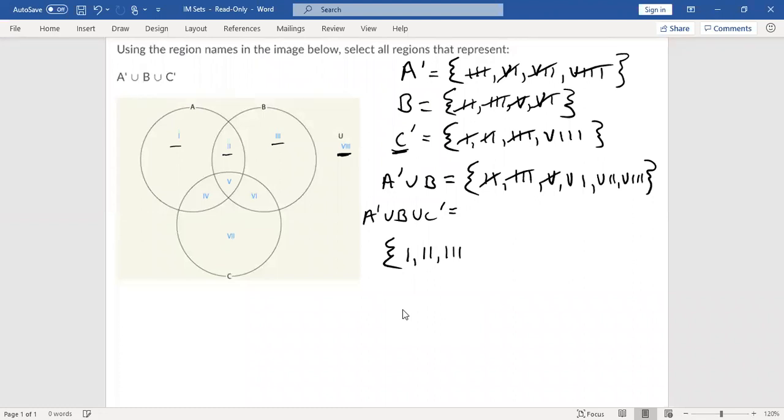Then 5, then 6, then 7, and again, they both have 8, so we only list it one time. So when we join all 3 of these sets together, we list every single element that you see, and if there's duplication, we only list it one time. I hope that helps you.